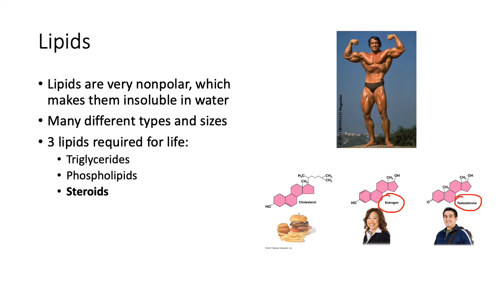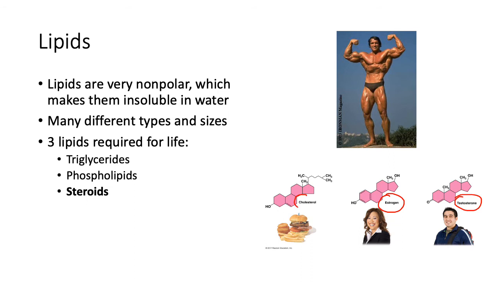Males typically have a greater amount of testosterone than estrogen, which gives them kind of their male physical features. Women, on the other hand, produce more estrogen than testosterone, which causes more female sexual characteristics. So these are steroids that are very important to basically creating our physical features and allowing our reproductive organs to work in the way that they're supposed to.